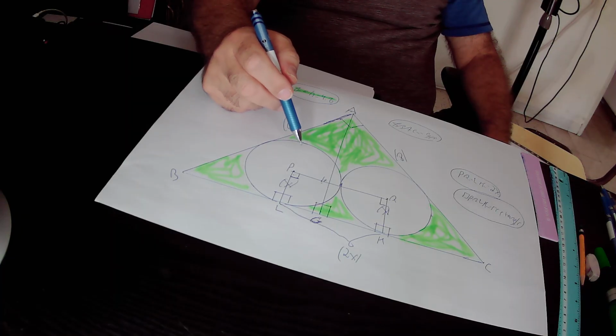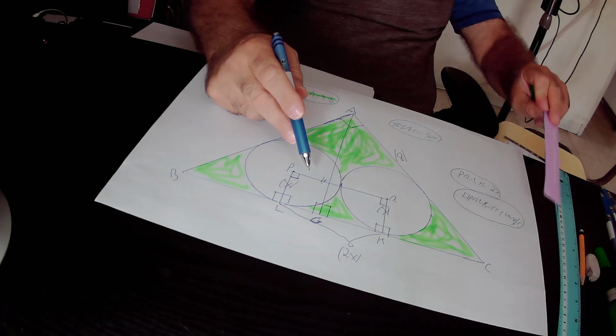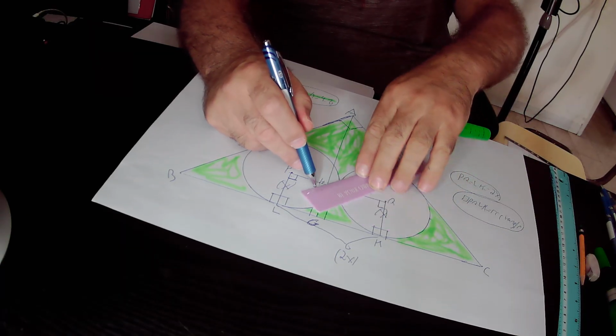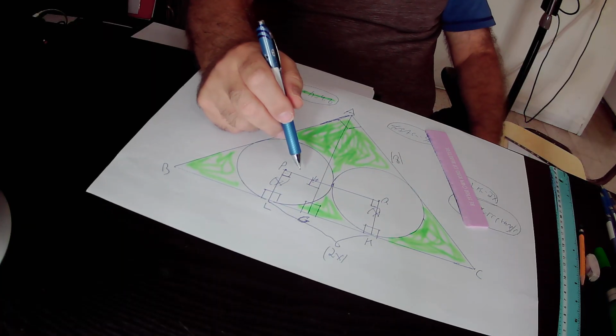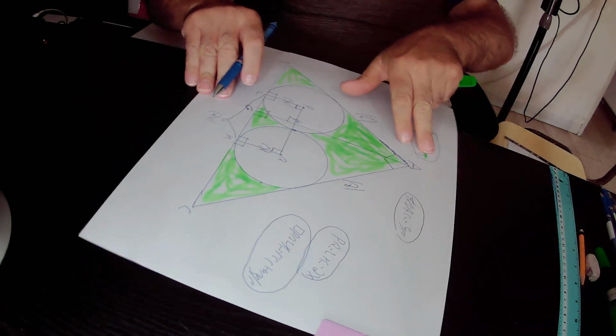Inside the small quadrangle PHLG, we have 1, 2, 3 right angles, and therefore the fourth angle is equal to 90 degrees in its size. So in quadrangle PHLG, we have 4 right angles, and therefore it is a rectangle according to rule 5.